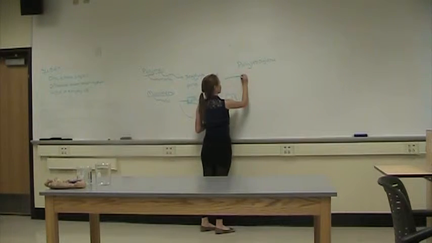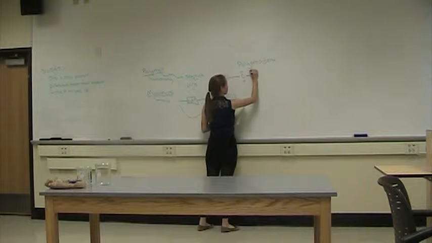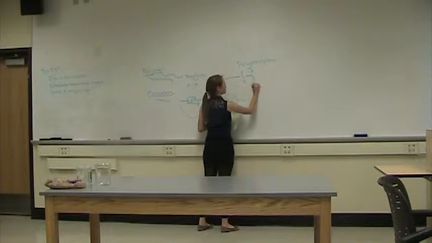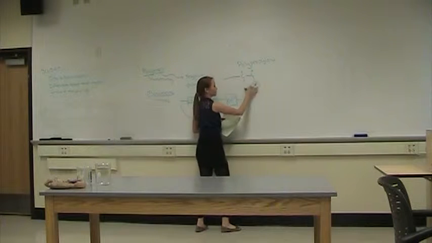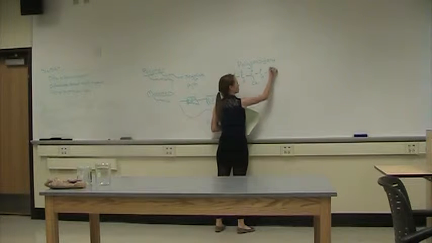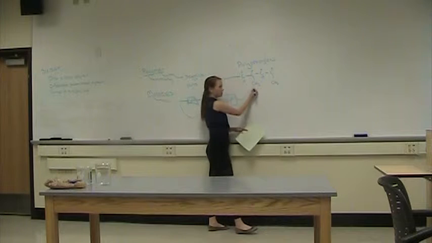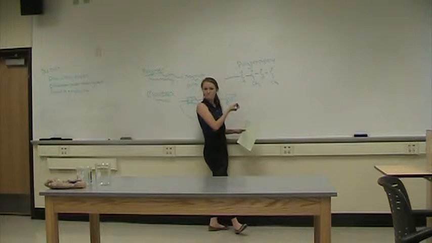And then we go CH2, CH, CH3. Okay, and then this sequence just repeats over and over again. CH2, CH with the CH3. Who remembers what CH3 stands for? Methyl. Okay.